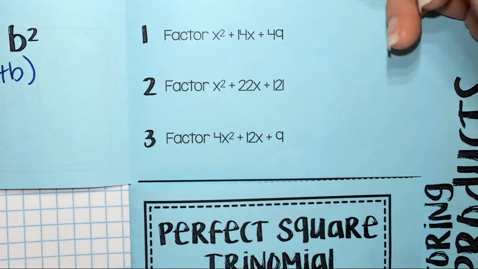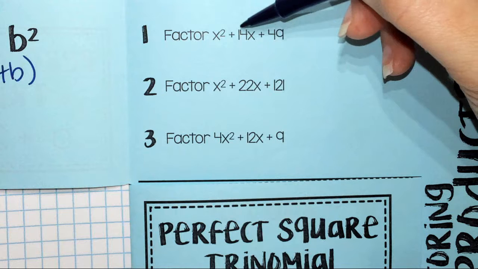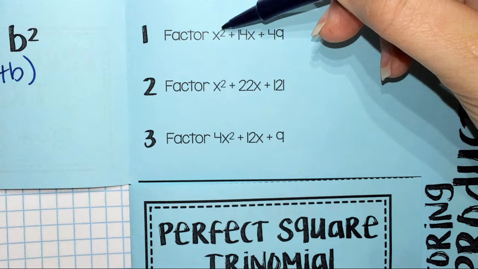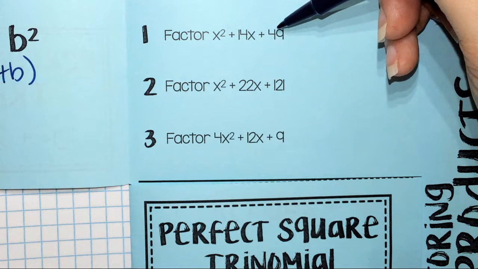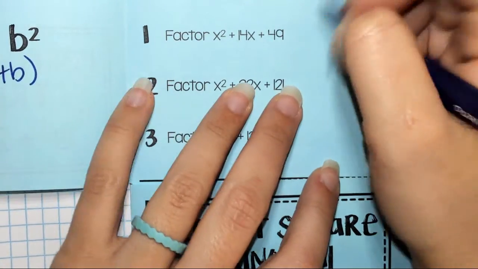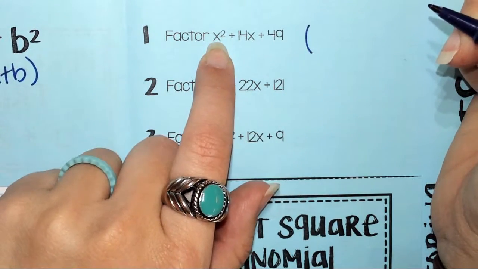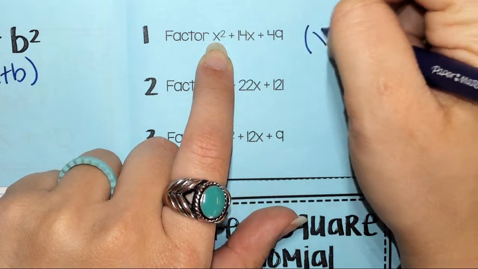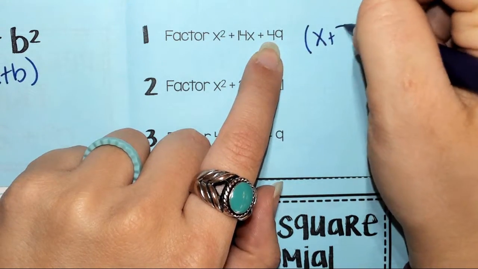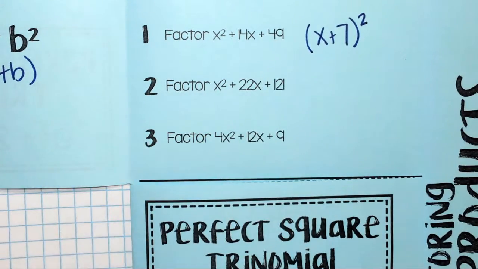All right, let's look at our first example. Is the first term a perfect square? X squared is a perfect square. Is 49 a perfect square? All you have to do is take the square root of the first term. What's the square root of x squared? What's the square root of 49? Ta-da! You're done. That's it.